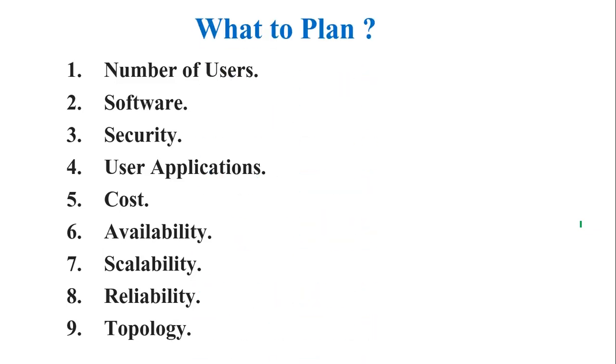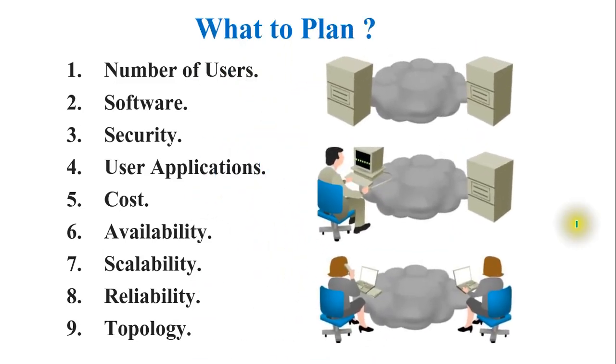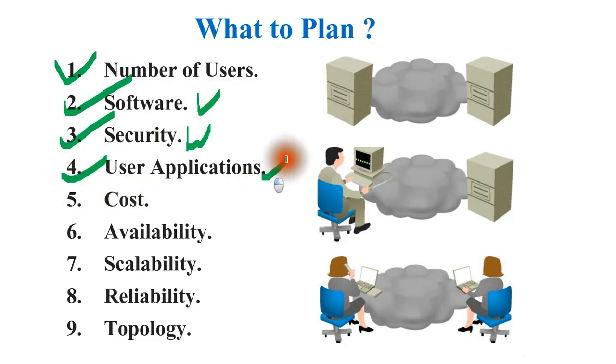So what you plan here, what is your duty to think about: the number of users, how many you have, software, and once again the security part, firewall and all. Hardware, software, which software, MS Office, which operating system, and user applications like database. Cost, how much it is costing. Availability, like how many hours your business is running.